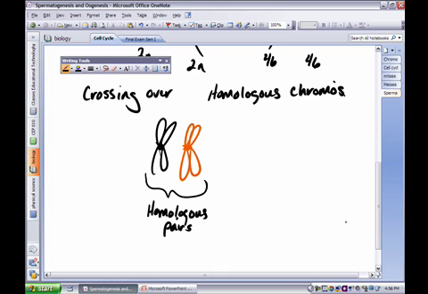Now, for simplicity, and only for simplicity, what we could say is that this chromosome right here came from the female parent, or your mom, and that chromosome contains lots and lots of genetic information to include hair color, maybe your eyes, and the shape of your nose.